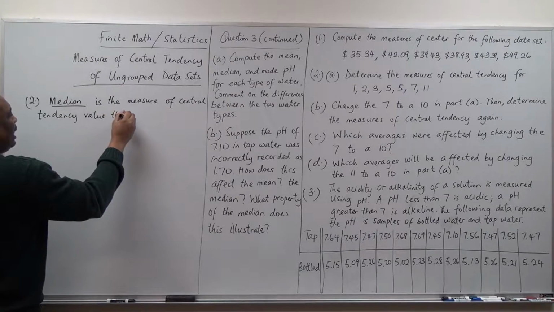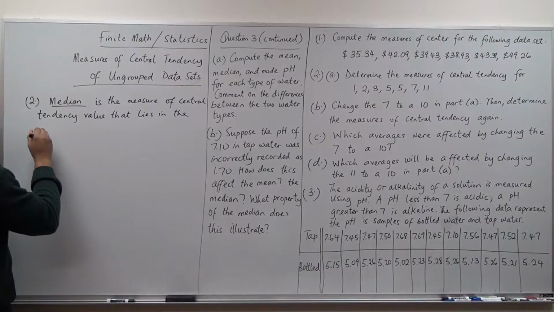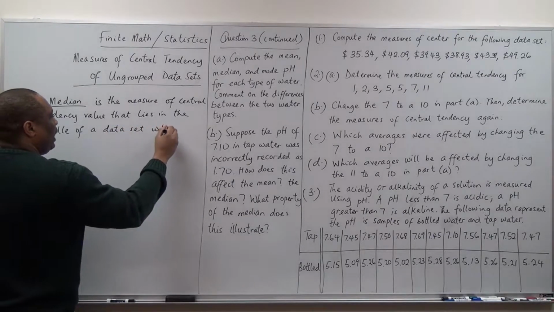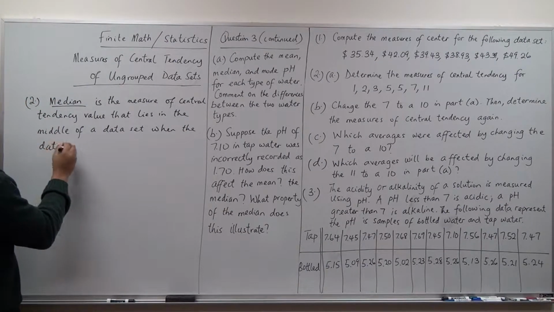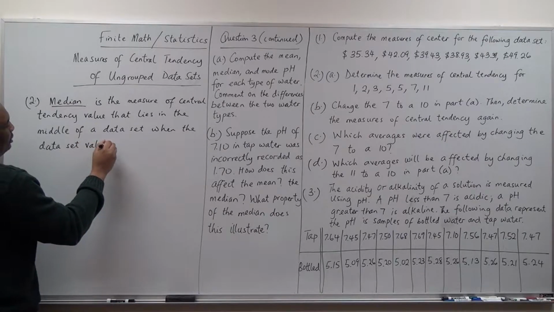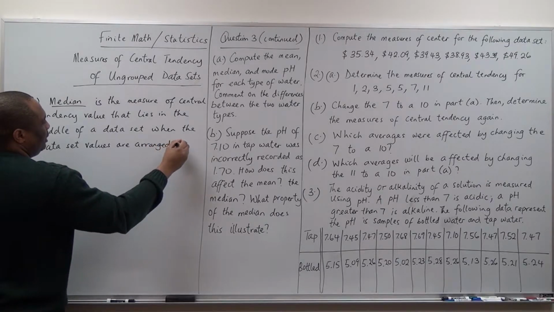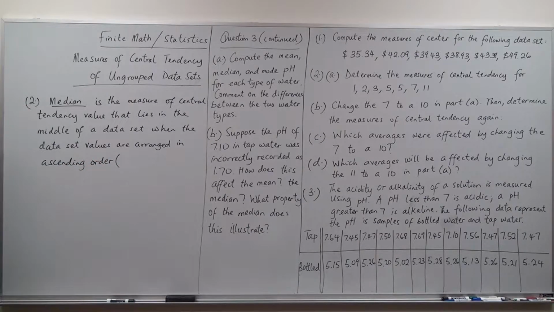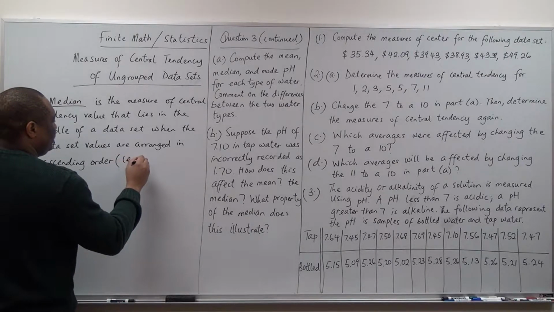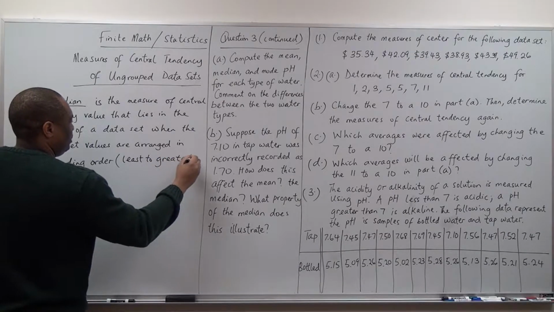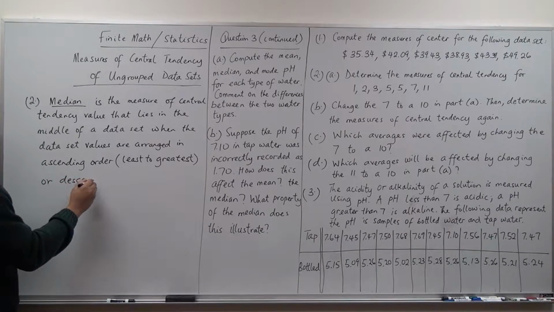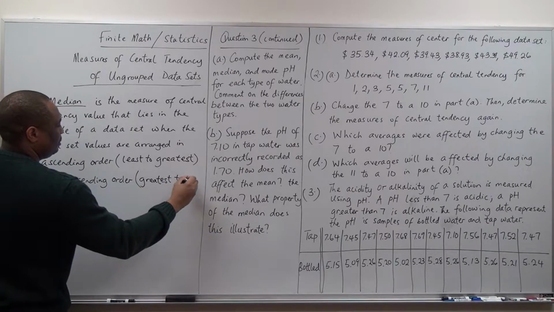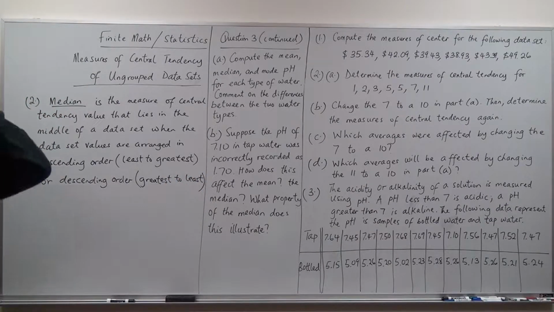Ascending order means from least to greatest, or descending order, which means from greatest to least. So that is what we define as median.